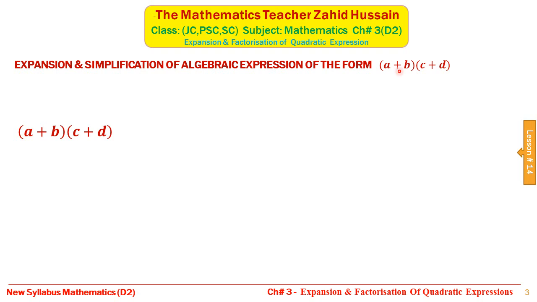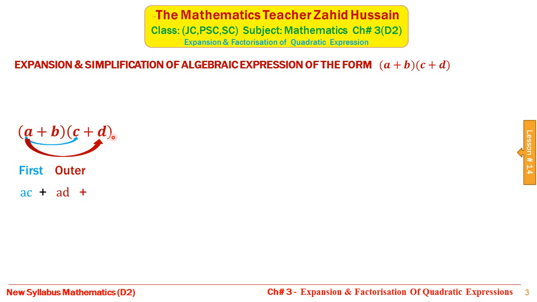What is the rule to expand this type of expression? We will first multiply the first term of the first bracket with the first term of the second bracket. That is, first term will be multiplied with first term, and then we will multiply first term with the second term, outer with outer.